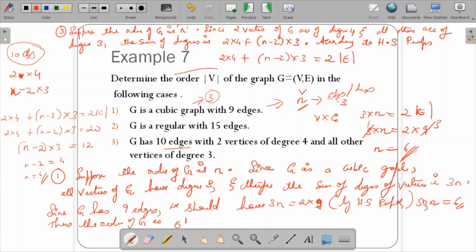For this continuation you can write till here, you get n is equal to 6. Thus the order n is equal to 6. So this is regarding the third problem explanation.